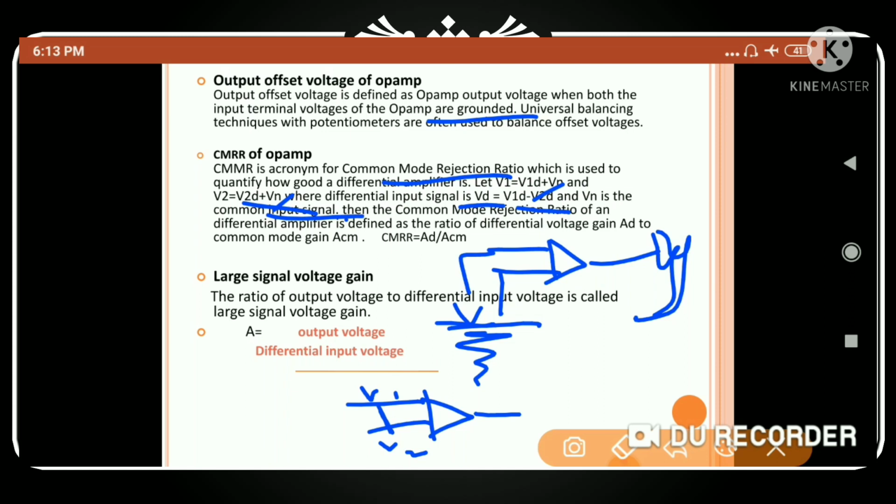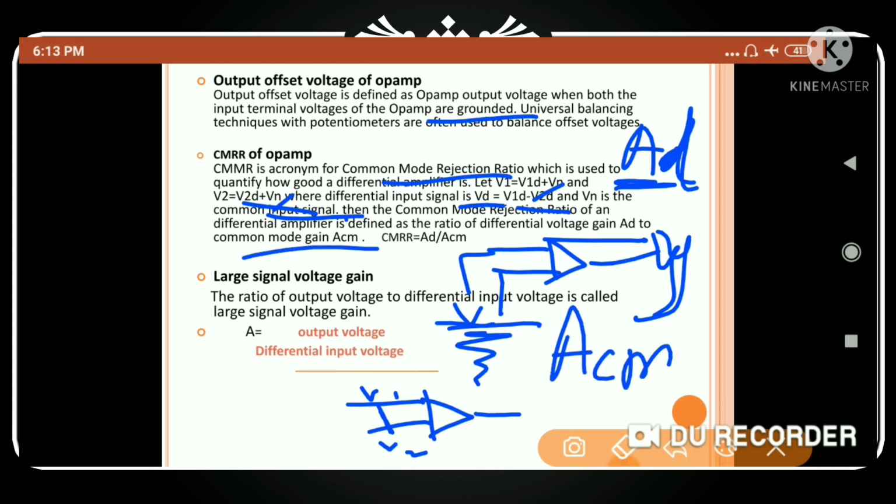The common mode rejection ratio of a differential amplifier is defined as the ratio of differential voltage gain AD to the common mode gain ACM.